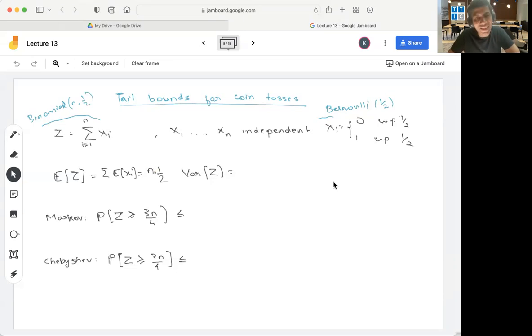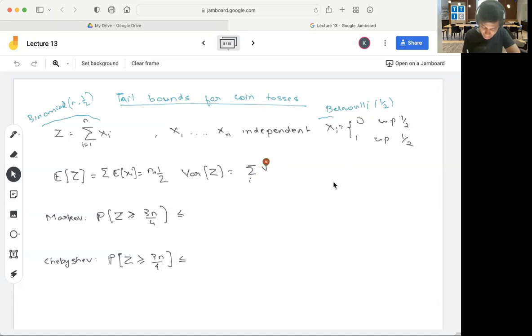And the variance of z we also computed, and in fact we proved that it's the sum of the variances of each of these xi's, because these xi's are independent, and in fact we claimed that pairwise independence is enough. So the variance of z is the summation of the variances of the xi's in this case.